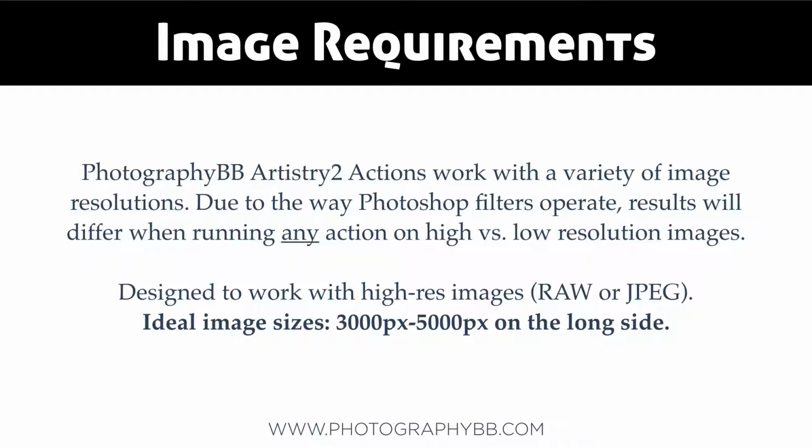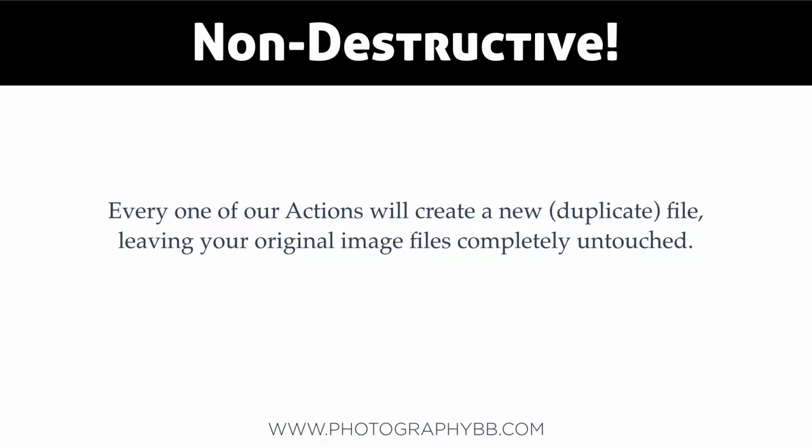The ideal image size for optimal results is anywhere from 3000 to 5000 pixels on the long edge of your image. As always, something we are very proud of, our actions are entirely non-destructive to your image files. Every one of our actions begins by creating a duplicate file, leaving your original image files completely untouched.